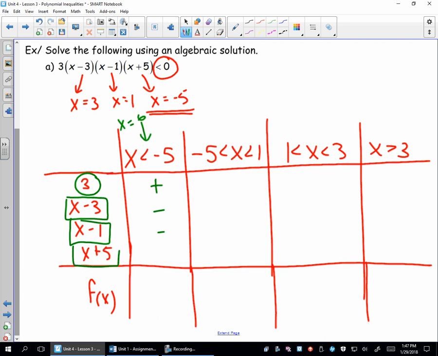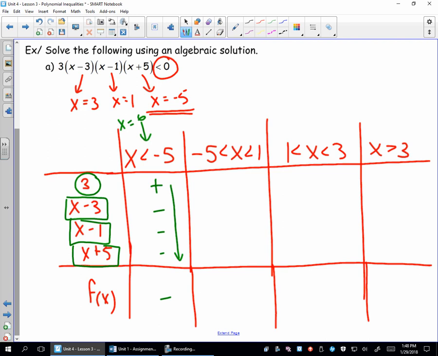And -6 plus 5 is a negative number. If I multiply all these together, a positive times a negative times a negative times a negative, I end up with a negative answer. In other words, the function is below the axis. It's negative in the interval x less than -5.